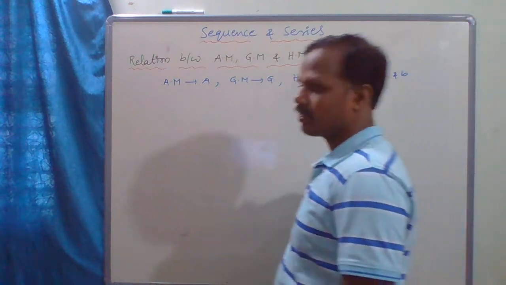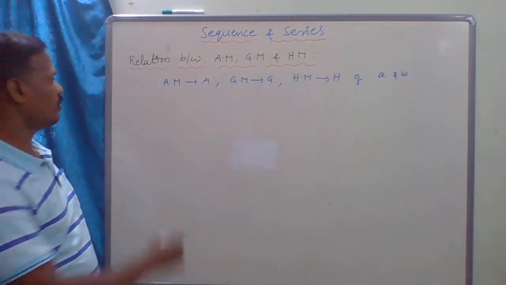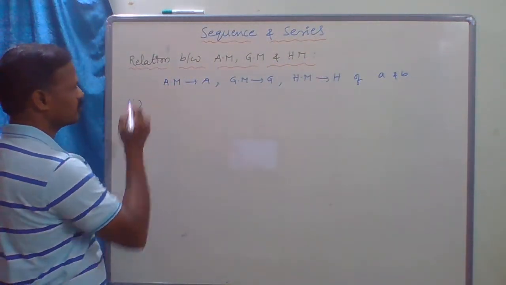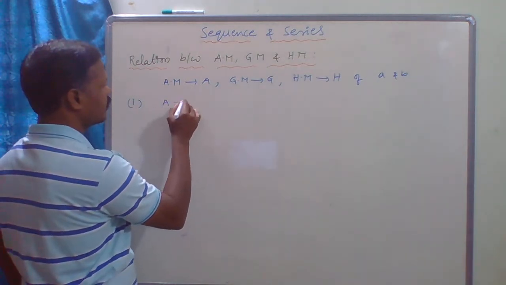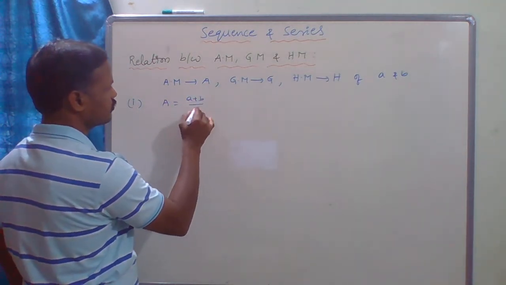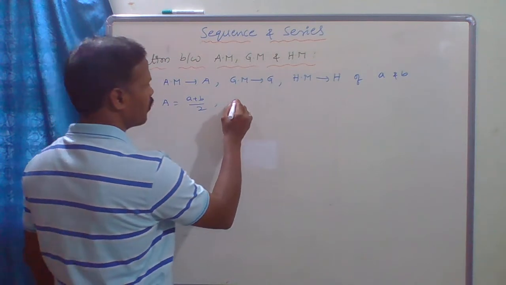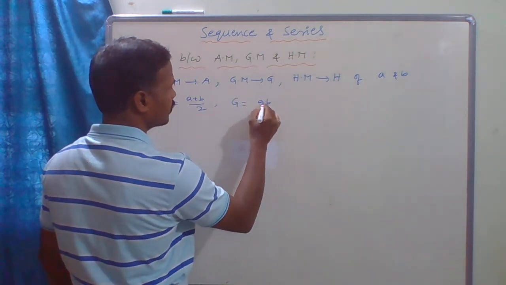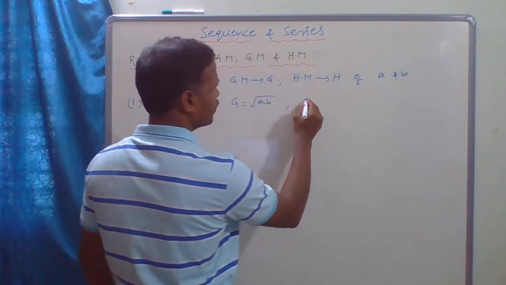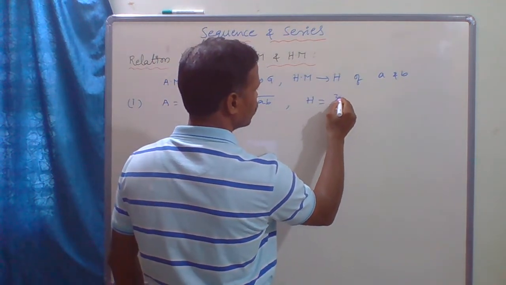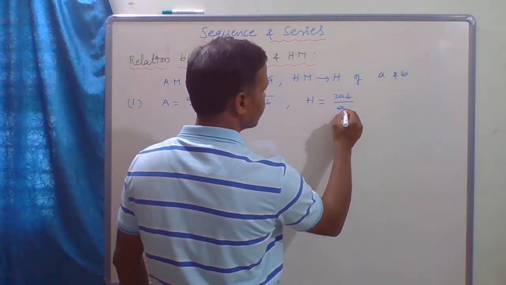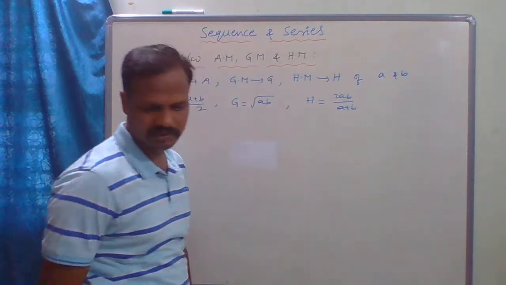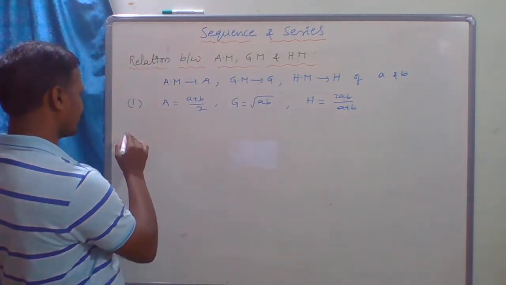Now the first point: A equals a plus b by 2. G equals root ab. H equals 2ab by a plus b. Fine.